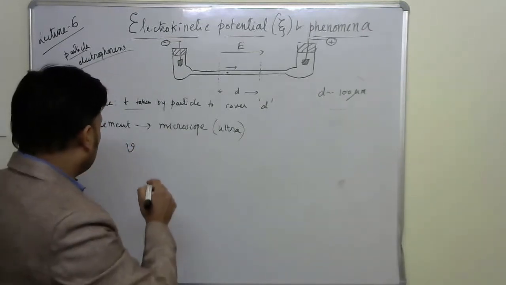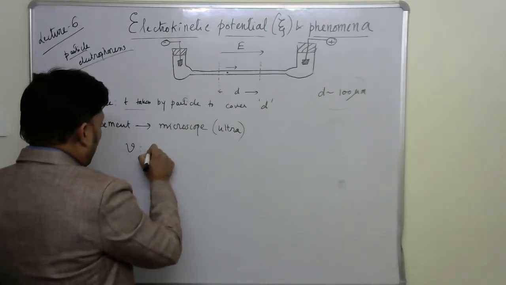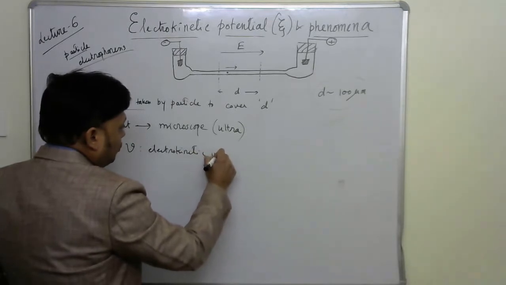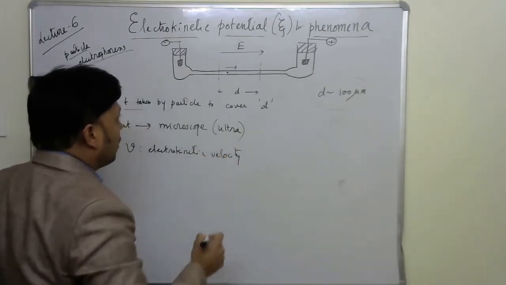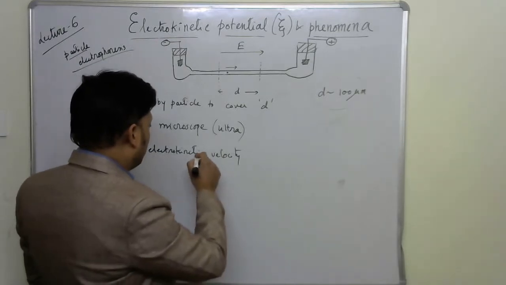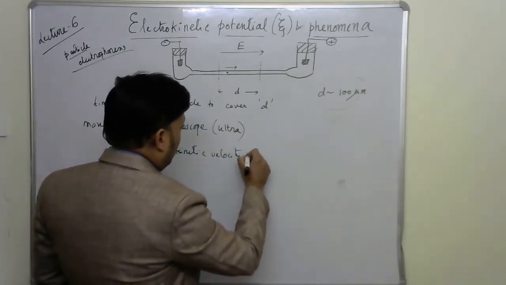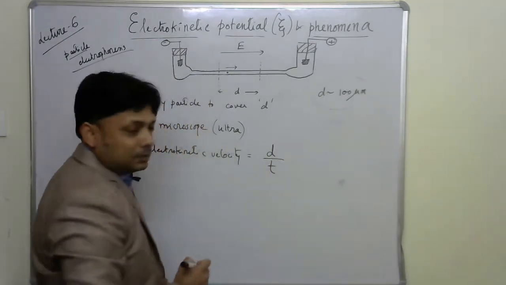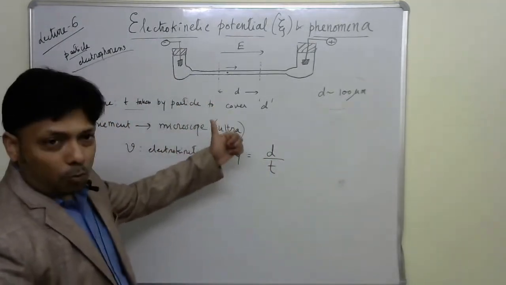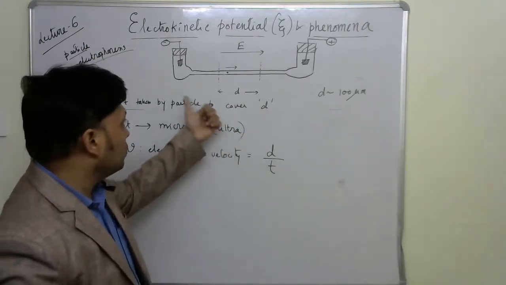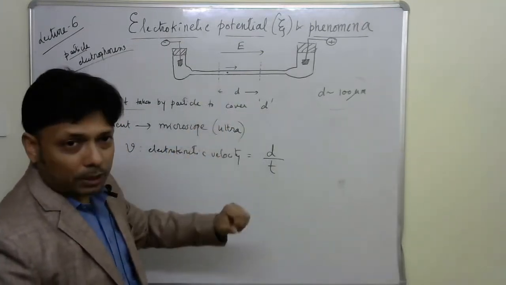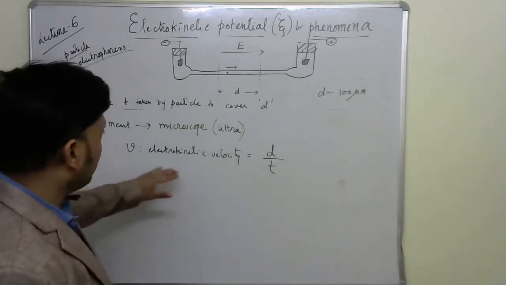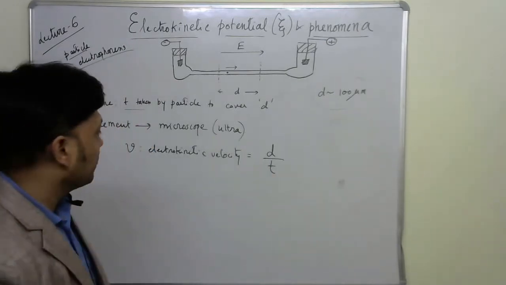This velocity is the electrokinetic velocity, that means the speed of the particle under the electric field, equal to the distance d divided by the time it takes. In those days, people used a stopwatch to record the movement, but these days, these are all automated. We'll come to that later. So this electrokinetic velocity is equal to d by t.